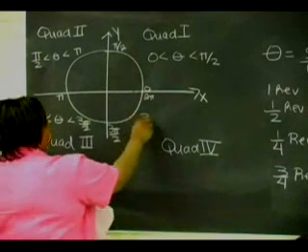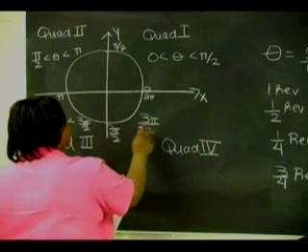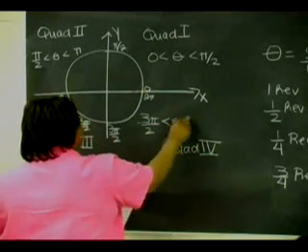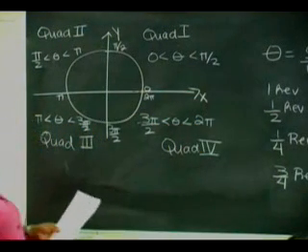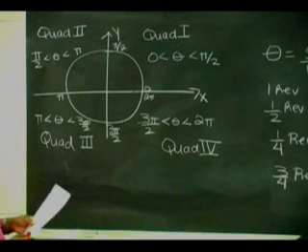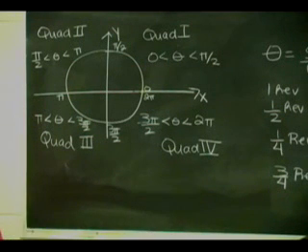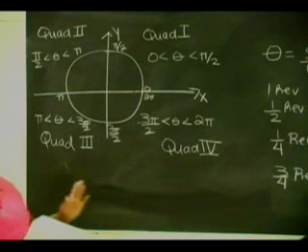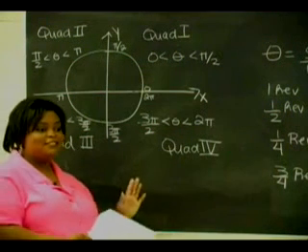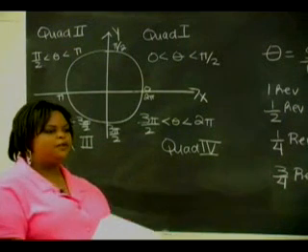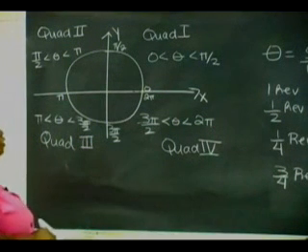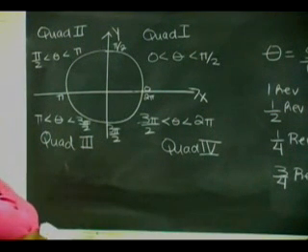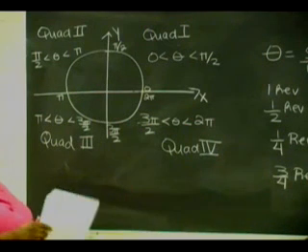And quadrant 4, 3 pi over 2 to 2 pi. Okay? So if I give you an angle, you should be able to tell me what quadrant that angle lies in.